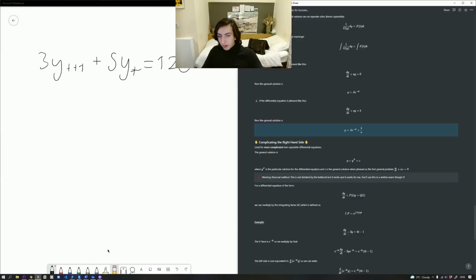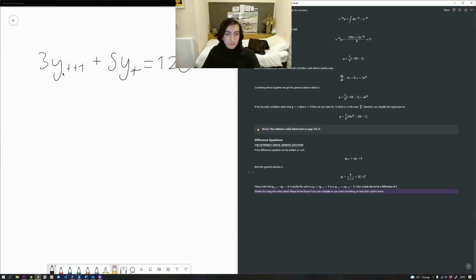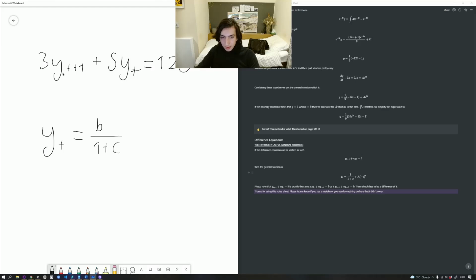The formula for it, just looking at my formula sheet here, is yt is equal to b over 1 plus c plus a minus c to the t, where this value here will be c and this value here will be b. Now what we have to do first is make sure the y(t+1) doesn't have a coefficient, so we're going to have to divide everything by 3. This means this 3 gets removed, this turns into 5 over 3, and this turns into 40.